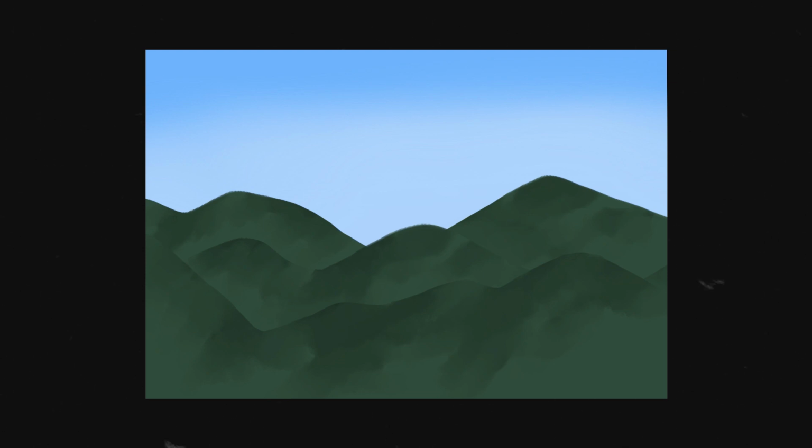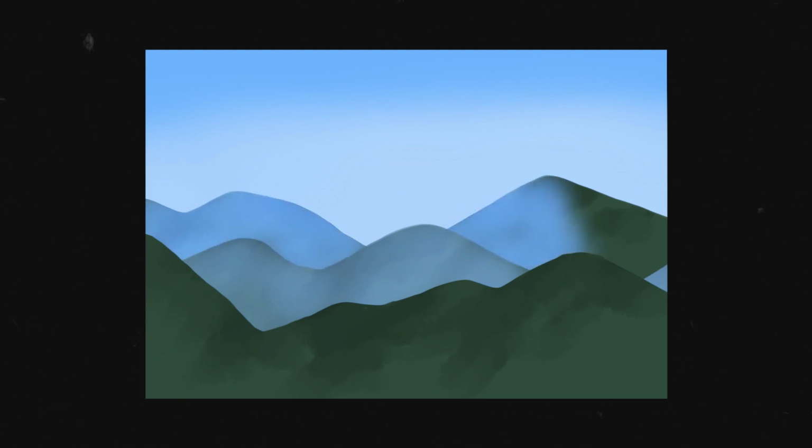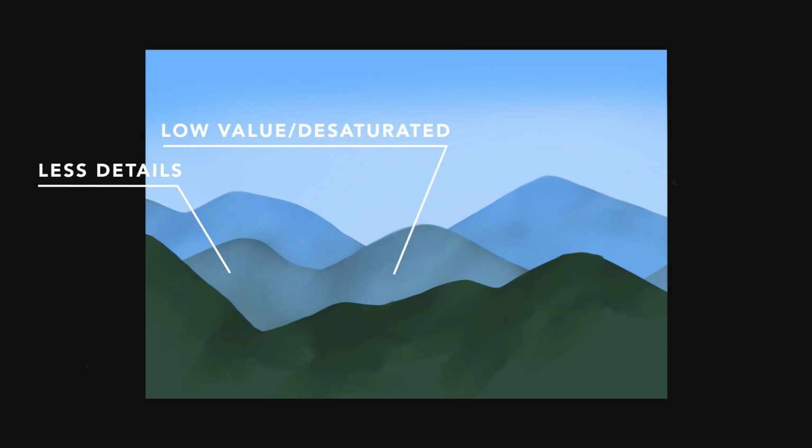And this is because it lacks atmospheric perspective. Atmospheric perspective is a technique of creating the illusion of depth in a drawing by changing the colors of the objects we see in the distance. It means that as an object goes further away into our view, we see that object with reduced details, the value of the objects decreases and the color becomes less saturated.